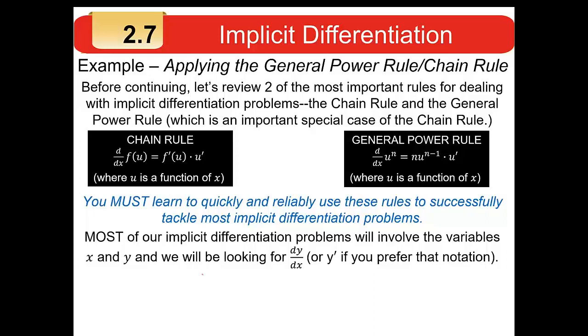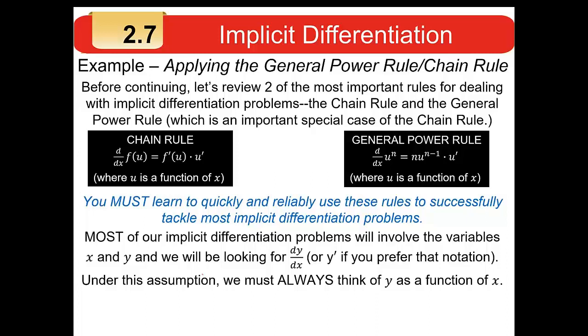Sometimes it's just easier to write y prime. I'm mostly going to stick to dy over dx, although I'll sprinkle in some y primes, because that's the way most of your homework appears. But you are free to use y prime if that's easier for you.